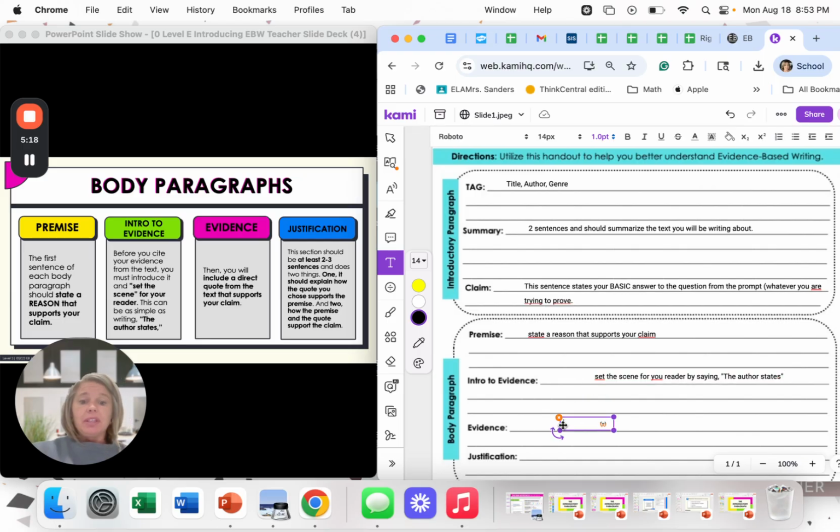And then you have to give that evidence. You can't just say, well, I believe it to be true. If your mother asked you, is your room clean? And you say yes, you have to prove it in some way. So you have to include a direct quote from the text that supports your claim.